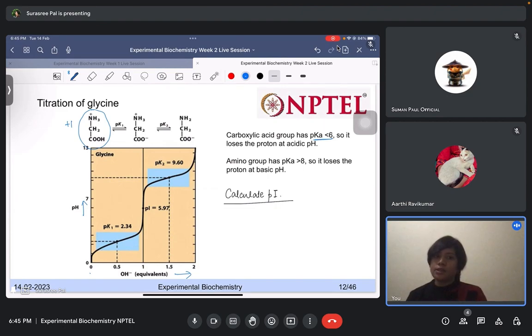So of course this carboxylic acid group will lose the proton at an acidic pH, right? And here we can see the pK1 of glycine is 2.34. So when the pH reaches around 2.34 as we are adding alkali, the glycine loses its proton from the carboxylic group, right?